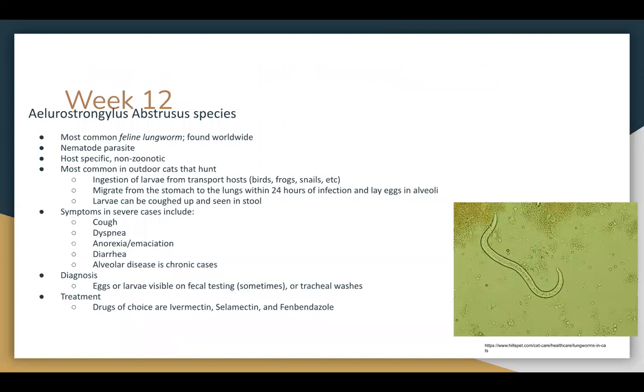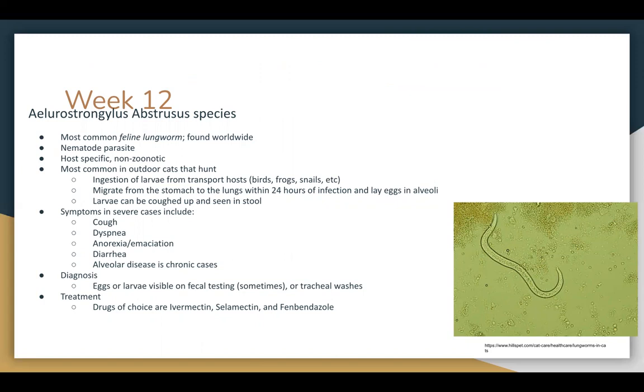Okay, in week 12, one of the parasites we touched on was the Aelurostrongylus abstrusus species, also known as feline lungworms. It's a nematode parasite that's found worldwide. It's non-zoonotic and it is host-specific, so it's only affecting cats.